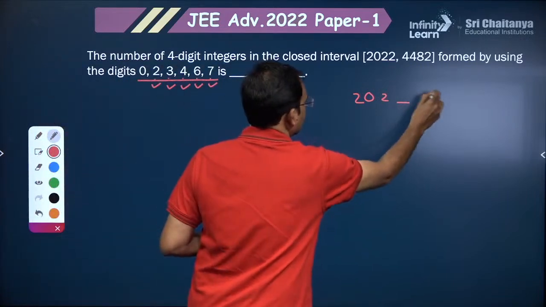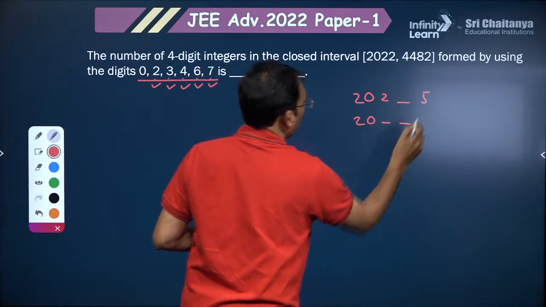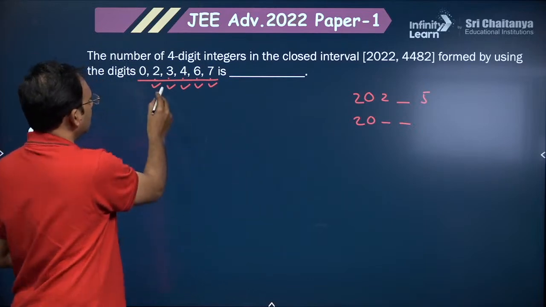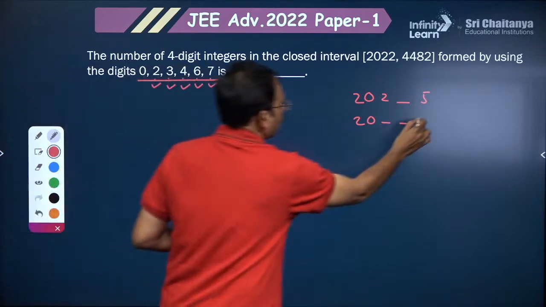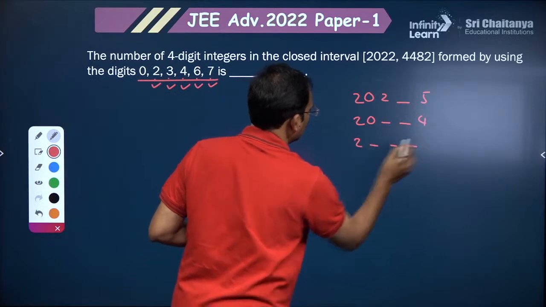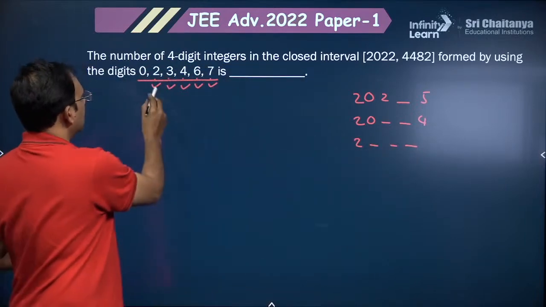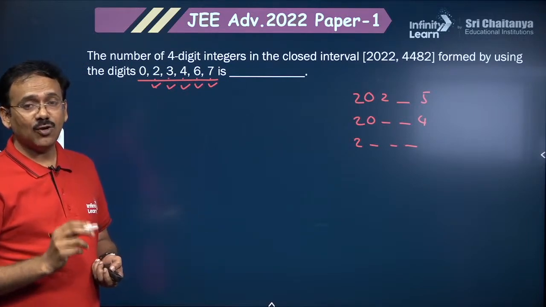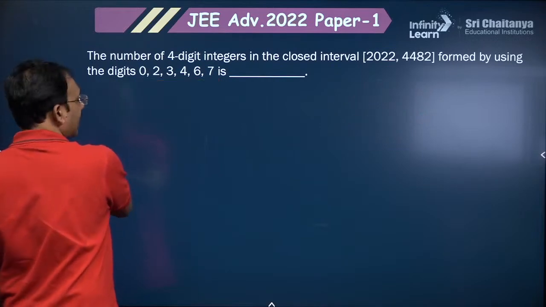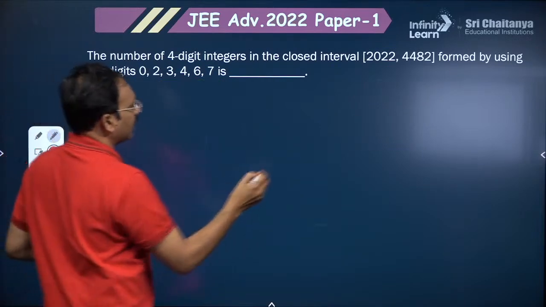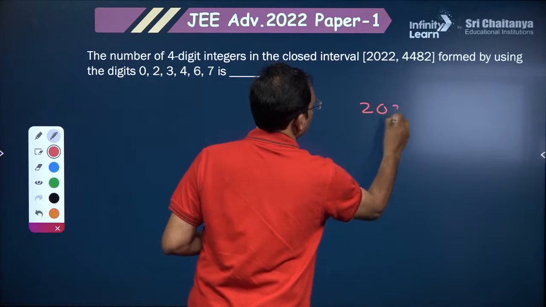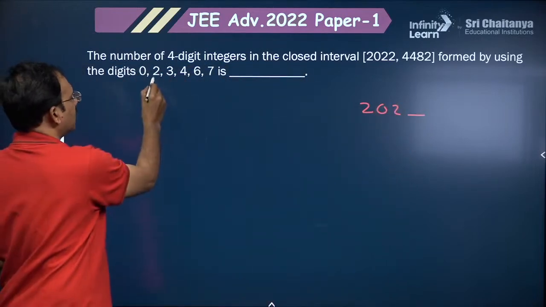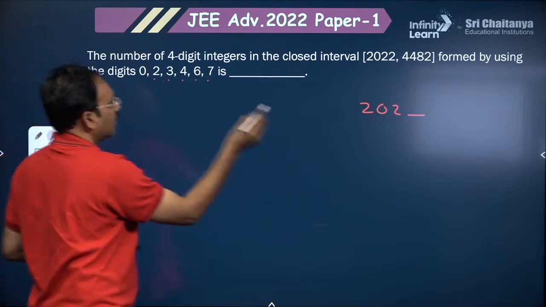If it is 20, what could be the next step? After 2, more than 2 I am talking about. So 3, 4, 6, 7, there are 4 possibilities. You can also fix one thing, friends: whether repetitions are allowed or not matters. If repetitions are allowed, you can do it like this. Suppose 202 is fixed, here you can fill 2 or more, that means 2, 3, 4, 6, 7, 5 possibilities.